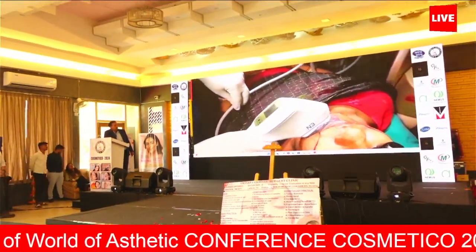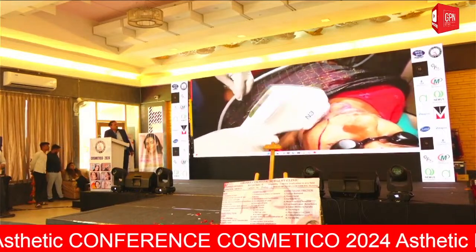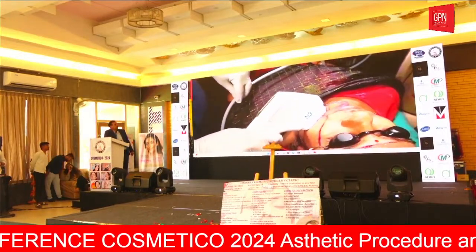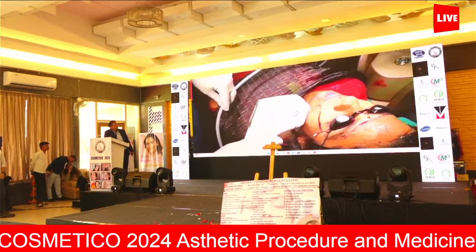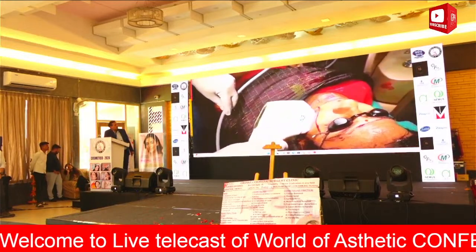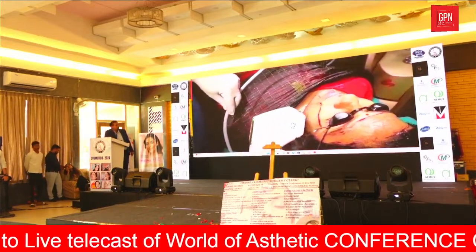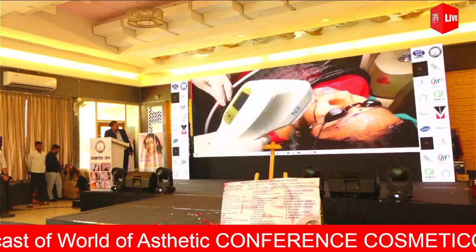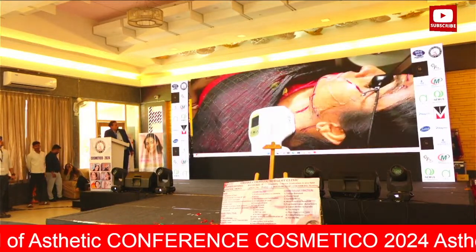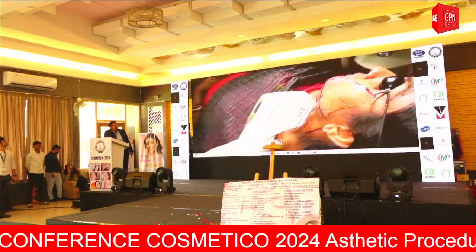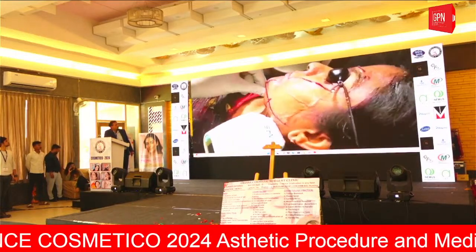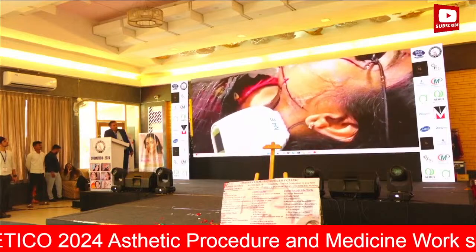This chin area, the double chin or submental area, can also be treated this way. Usually 4.5 is used in that condition, and 4.5 should be used for the neck area.